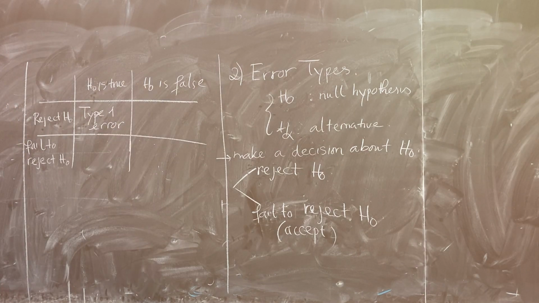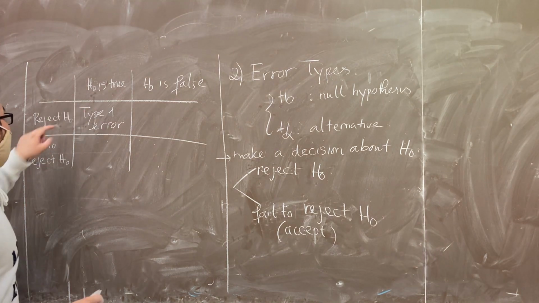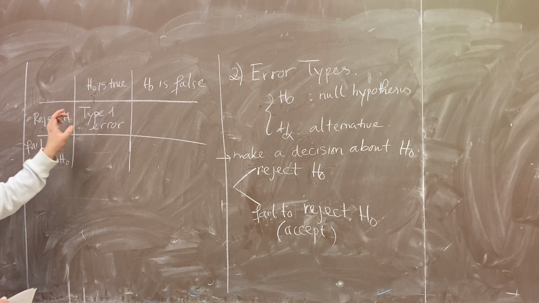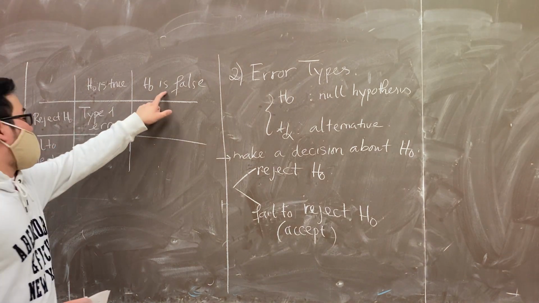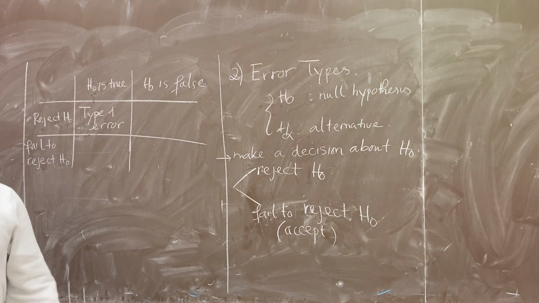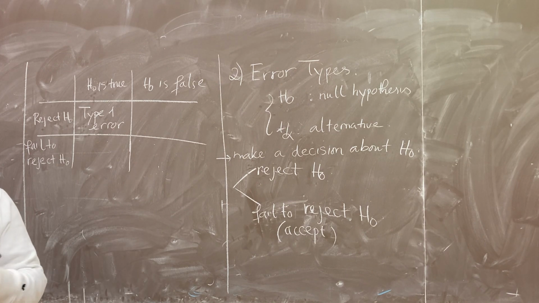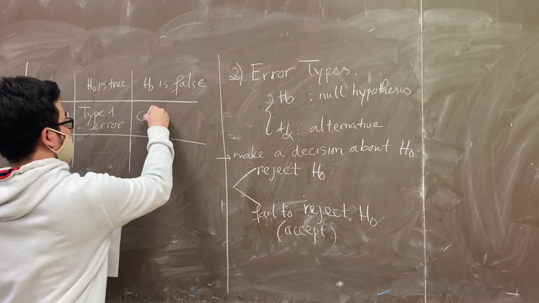Okay, you cannot reject the statement that is true, right? When H0 is true and you reject H0, that means you make the error. So in this case, this is called a Type I error. Okay, clear? When H0 is false and you reject H0, that means you make the correct decision, right? So that is the correct decision.